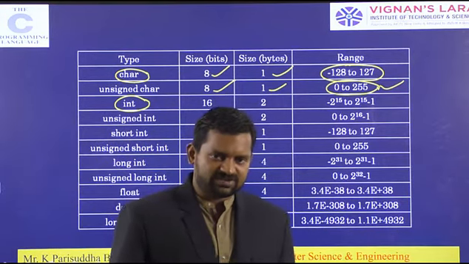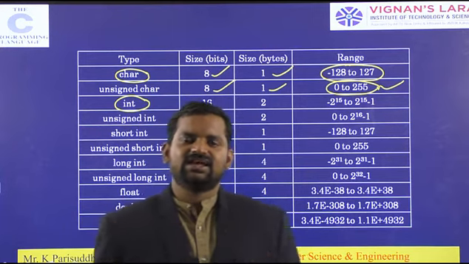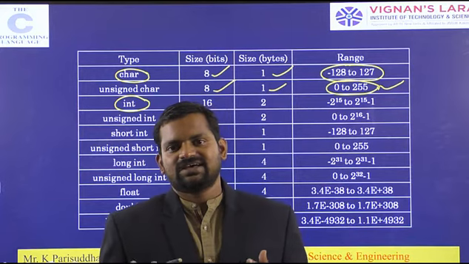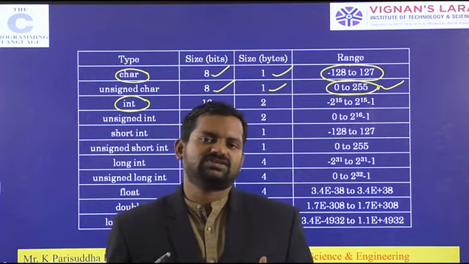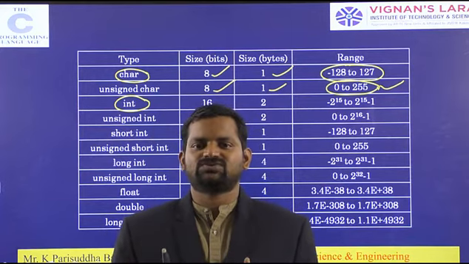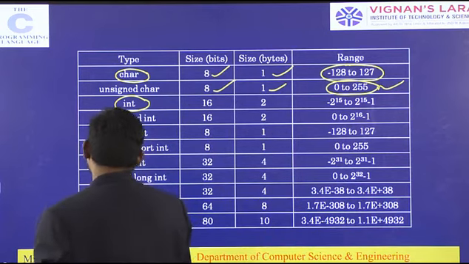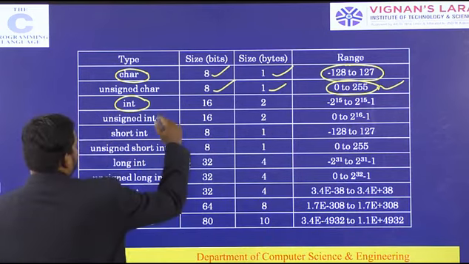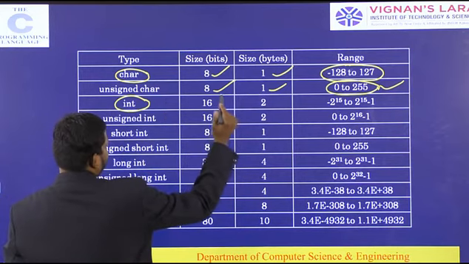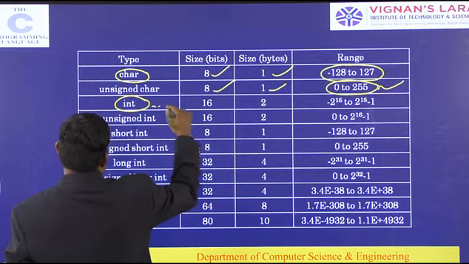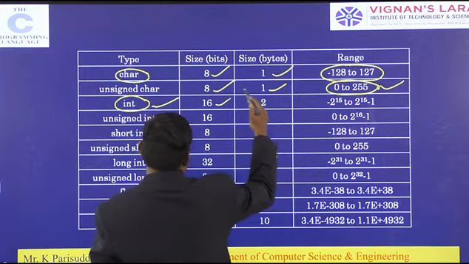If you take a 16-bit compiler, the range may change. If you use a 32-bit compiler, the range may also change. Depending upon the compilers only, the sizes vary. Here we see the 16-bit compiler only. So integer is 16 bits, 2 bytes.